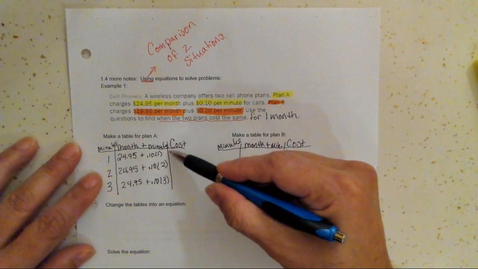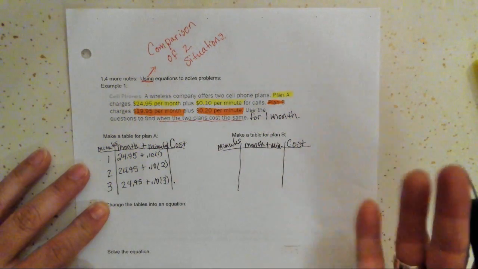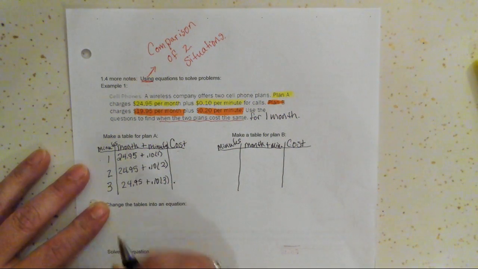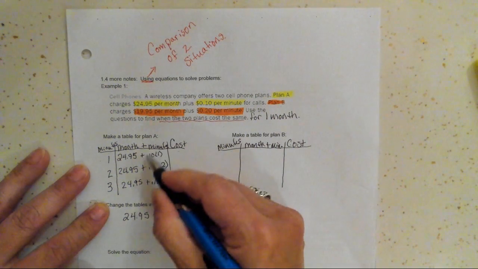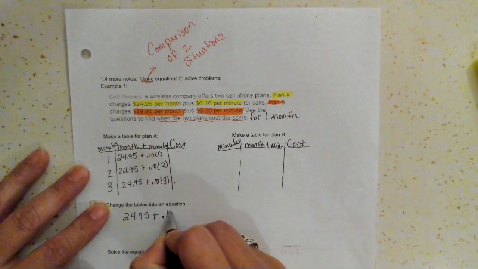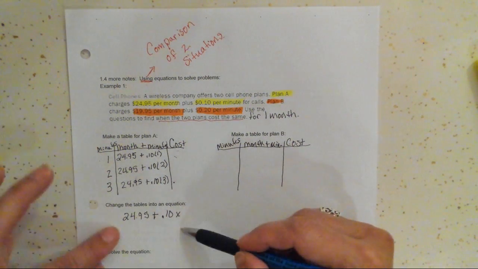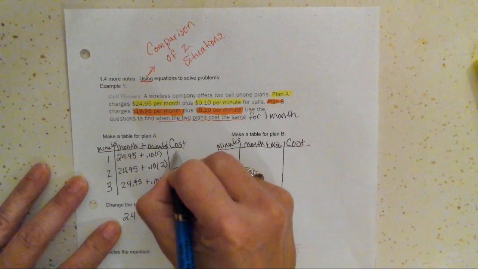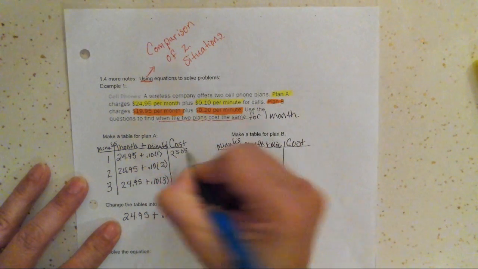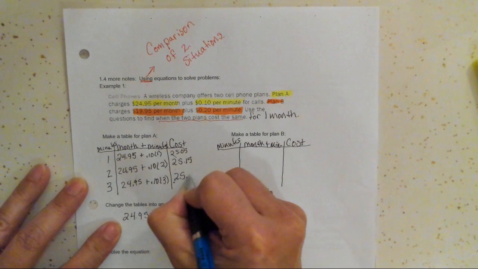And then we realize we can change that into an algebraic expression by looking at what is constant, the $24.95, and where is the changing number. It is behind the 10. So that is an expression that describes the cost of the Plan A for the first 3 minutes. All right? And this one would be $25.05. This would be $25.15, and this is $25.25.